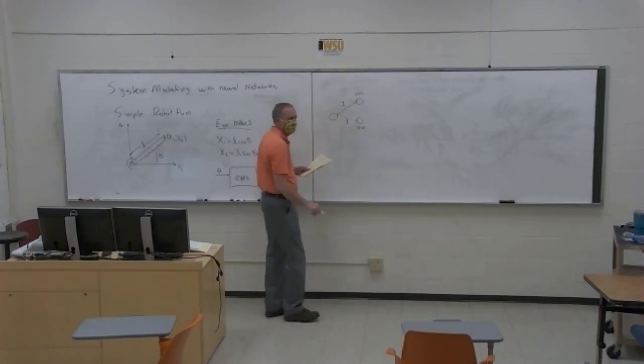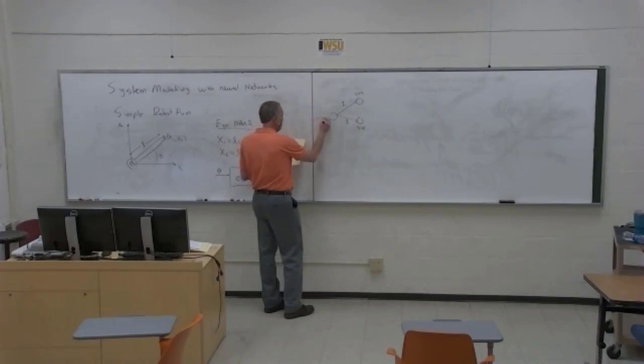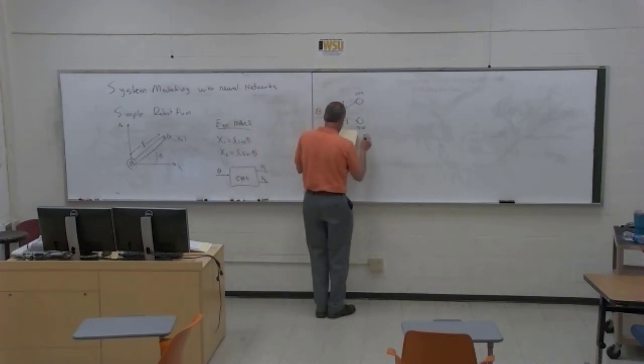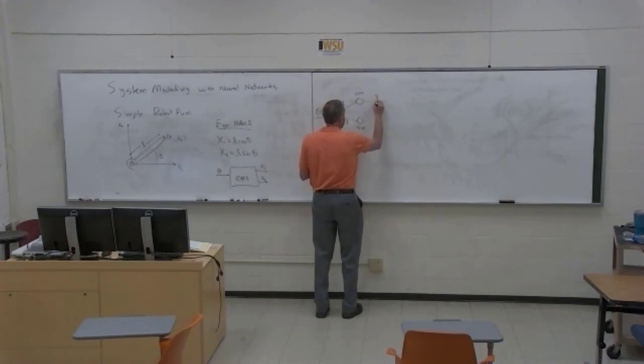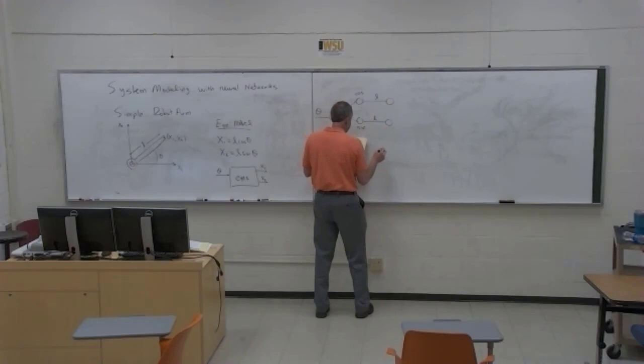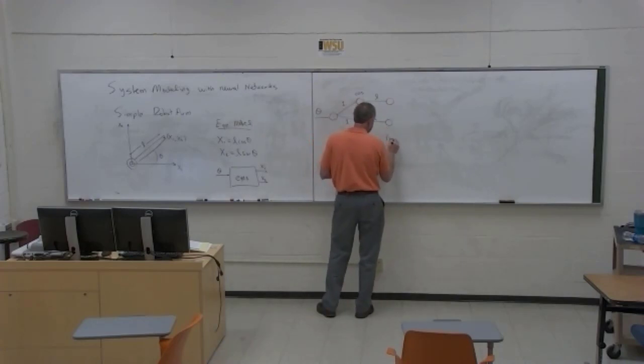My activation functions are sine and cosine. Here's the input. This is linear, slope 1.